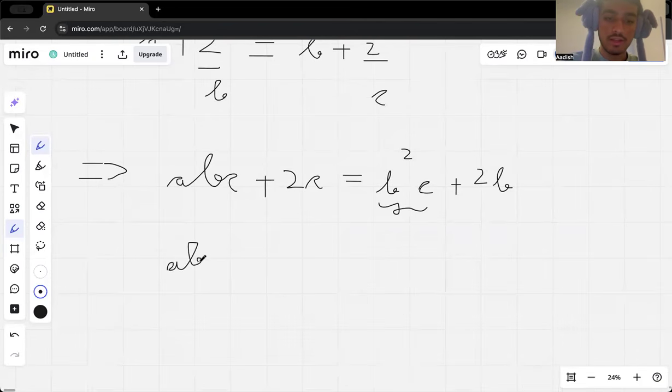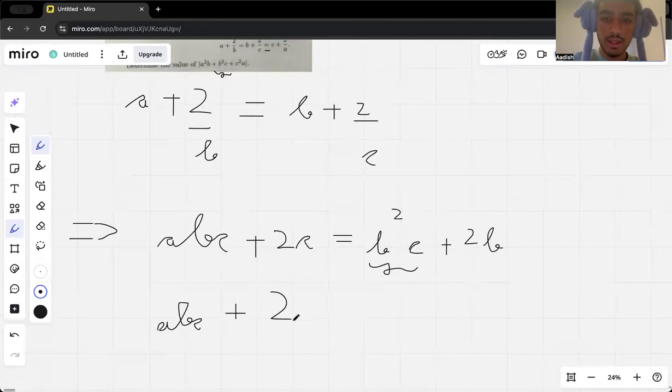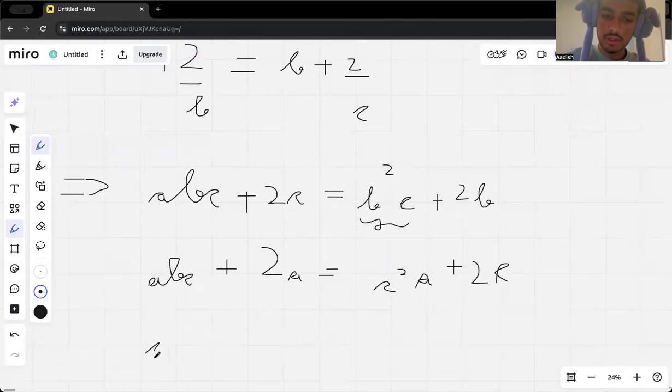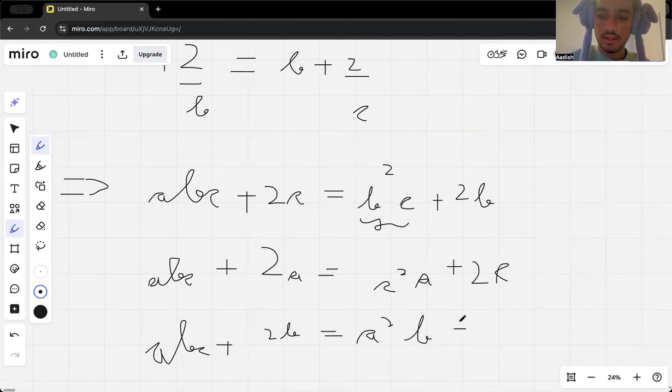So your second one will be abc plus 2a equal c square a plus 2c. Indeed, I am not skill issuing, I hope. And then it will be abc plus 2b equal a square b plus 2a.